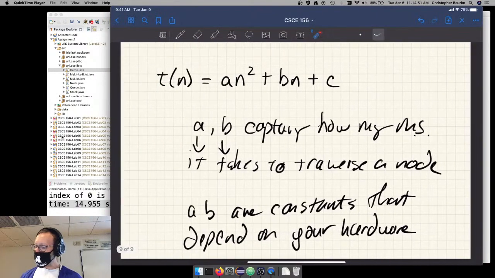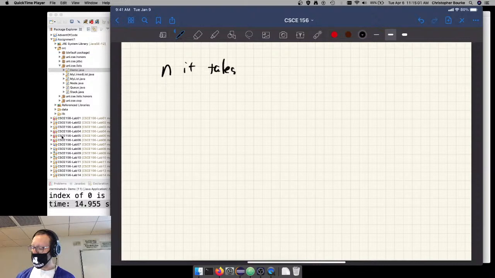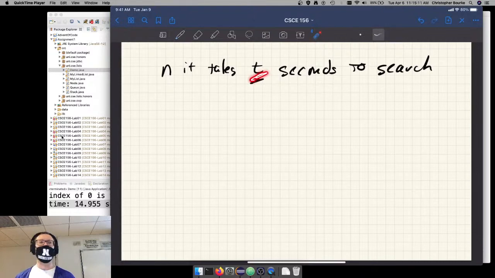Now let's think about the quadratics in terms of input sizes. Suppose that on an input size of n, it takes t seconds to search. Now I'm keeping this general, because again, I could upgrade my hardware and that would go down, but ultimately the rate of growth would not go down, right?